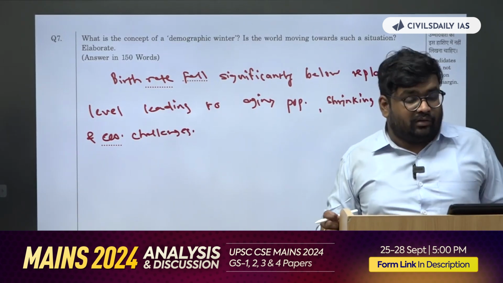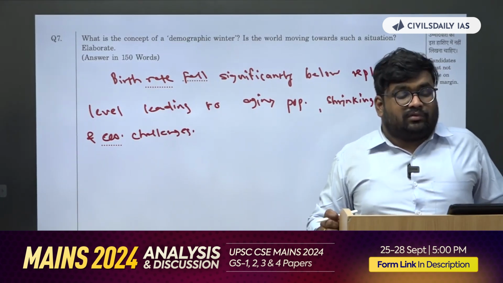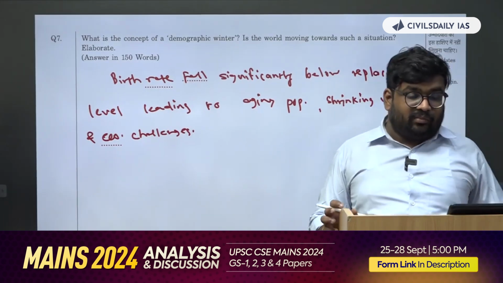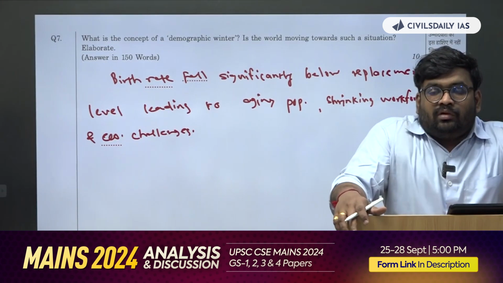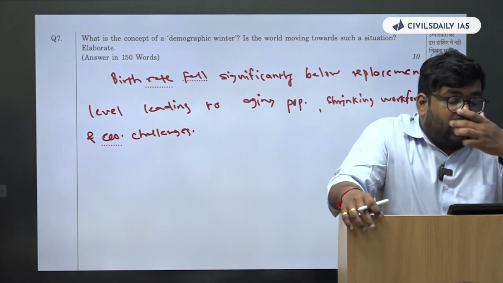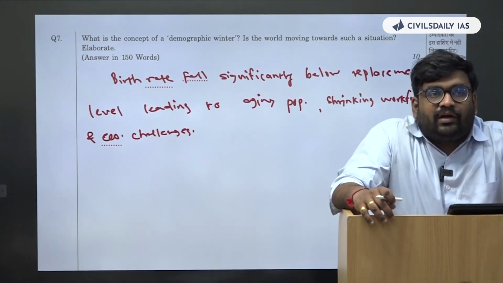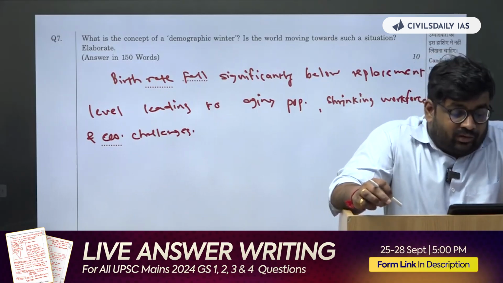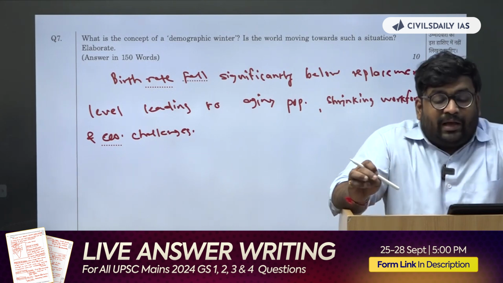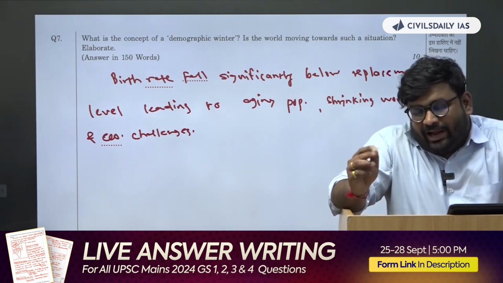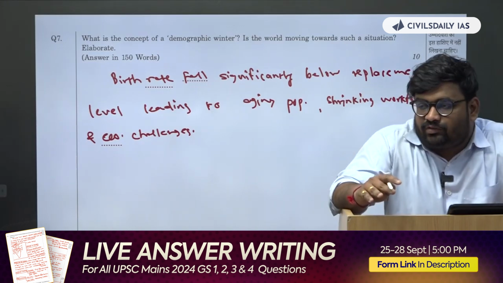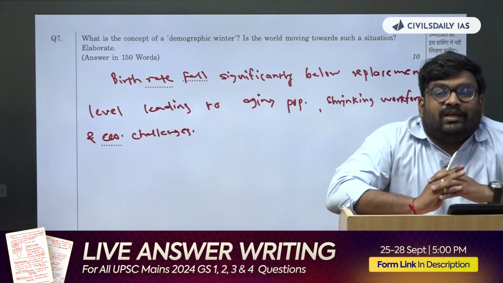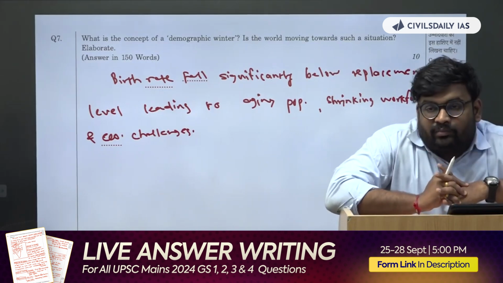As per UN data, 771 million people above 65 were there in 2022, and in bracket you simply write 10% of the global population, and it is expected to rise to 16% of the global population by 2050.